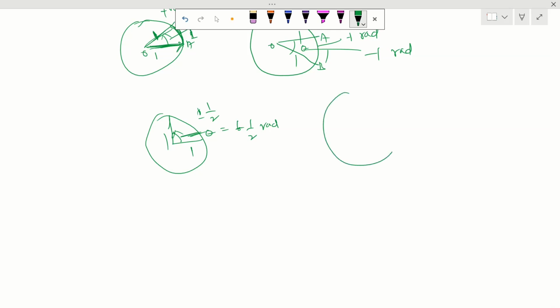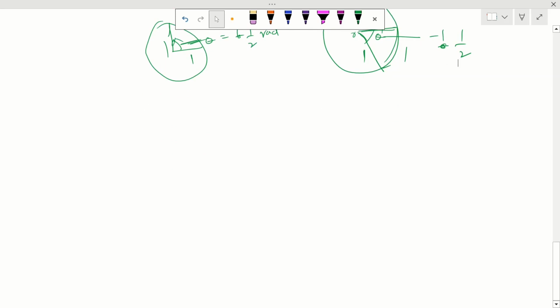And what about in the negative direction? Suppose we take something more than one radian. The radius remains the same, 1 unit, and the arc length is also 1 unit, but theta is minus 1 by 2.